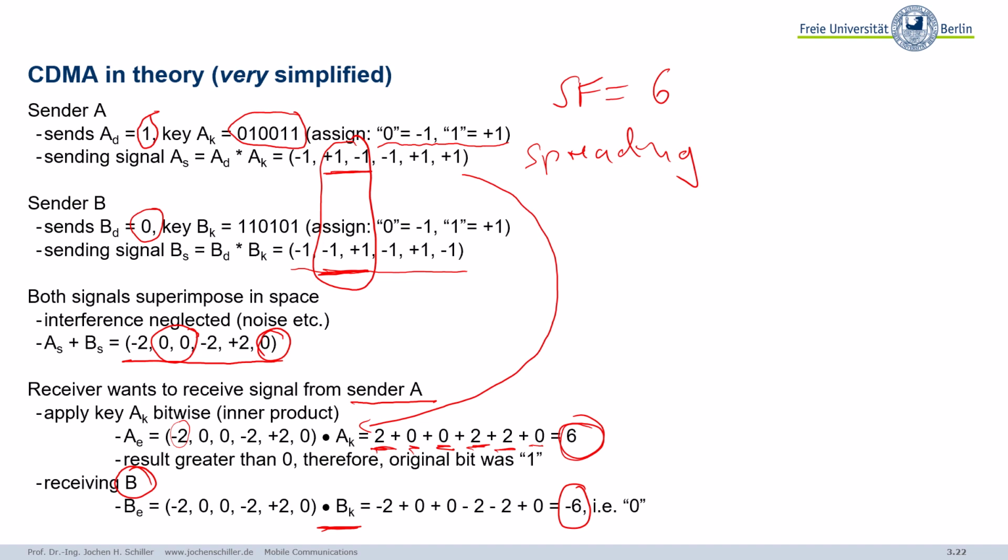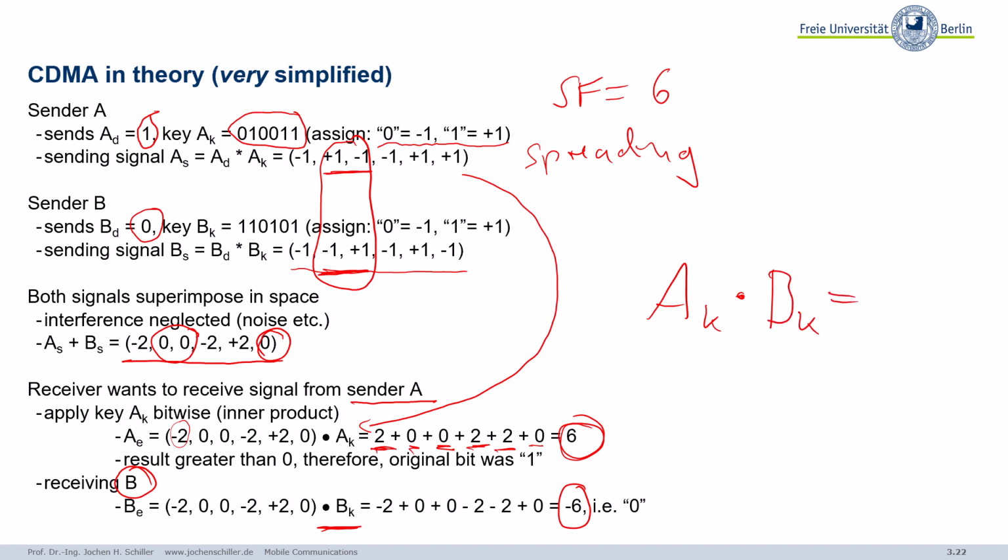So you have 2 keys, each sender has a key, and the keys should be orthogonal. What does that mean? Remember math? Calculate the inner product of the 2 keys. What's the result?